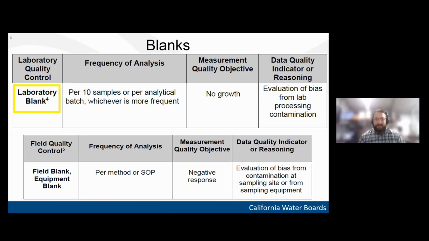Now, laboratory blanks. Sometimes I see people conflating laboratory blanks and negative controls together, and that should be remedied. Laboratory blanks are not negative controls, right? Negative controls are typically an active organism, just not the organism target, not something that the media or method is designed to target.